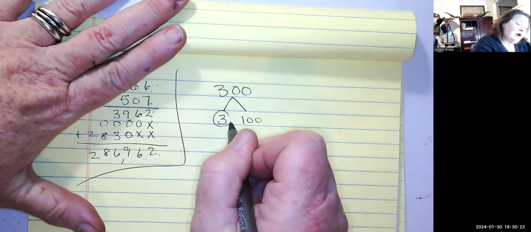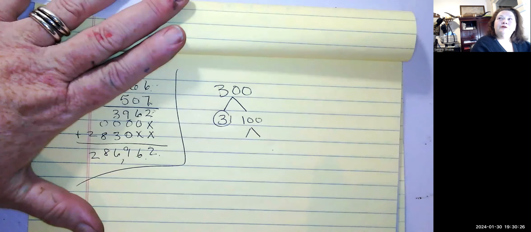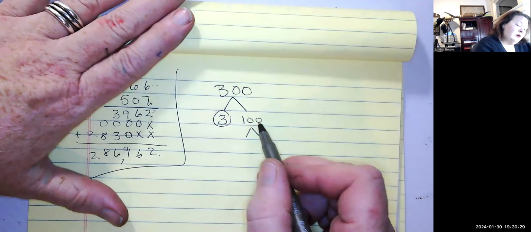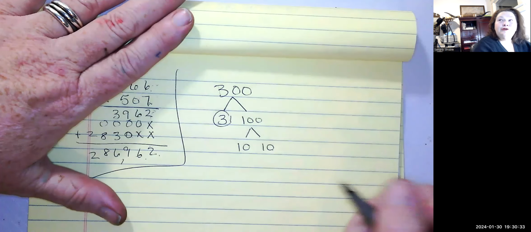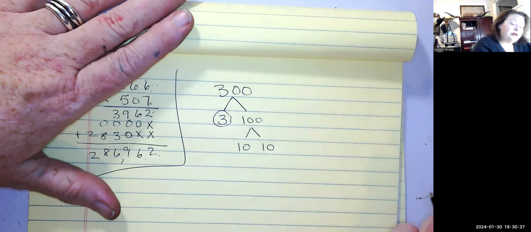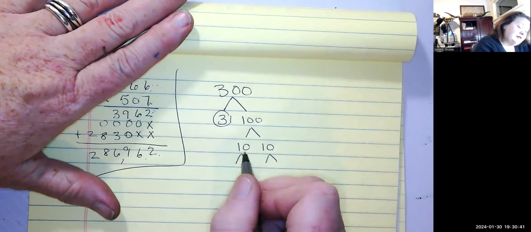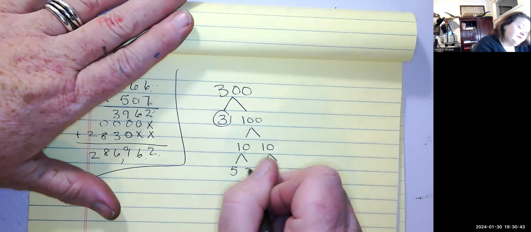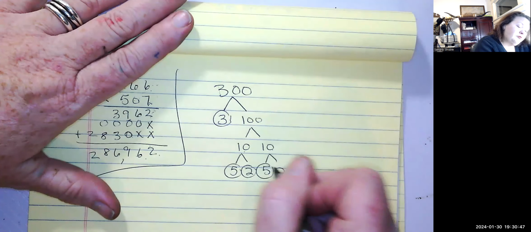3 is a prime number. I'm done with that one. I'm going to bring this 100 and make another branch. 100, again, I'm going easy here. 10 times 10 is 100. Neither one of those are prime, so I've got to break them both down. For 10, I'm thinking 5 and 2 for both of those, and those are all prime.